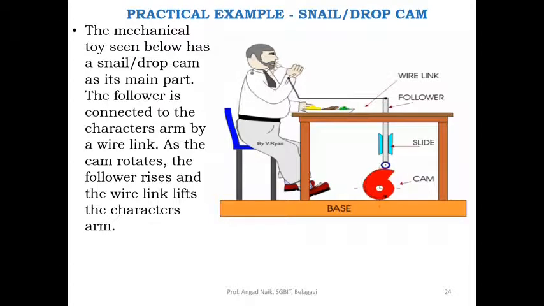So the mechanical toy seen below has a snail cam as its main part. The follower is connected to the character's arm by a wire link. As the cam rotates, the follower rises and the wire link lifts the character's arm.